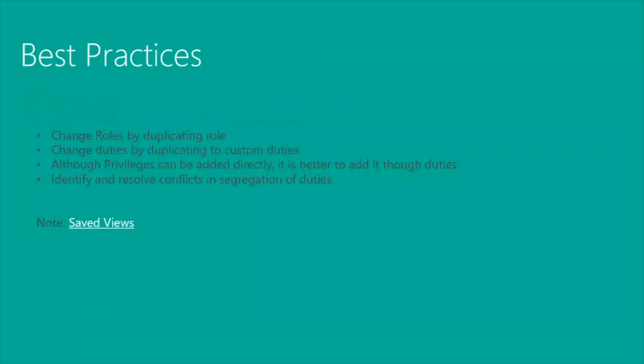It's better to group all of those privileges into one single duty and then add it, so that you can maintain that duty in the future, and you understand how many roles this duty is referenced in, and what happens if you're changing or modifying it. For easy maintenance, we always recommend grouping privileges and assigning them to your duty first, and then adding it to the role, instead of adding privileges directly to the role.